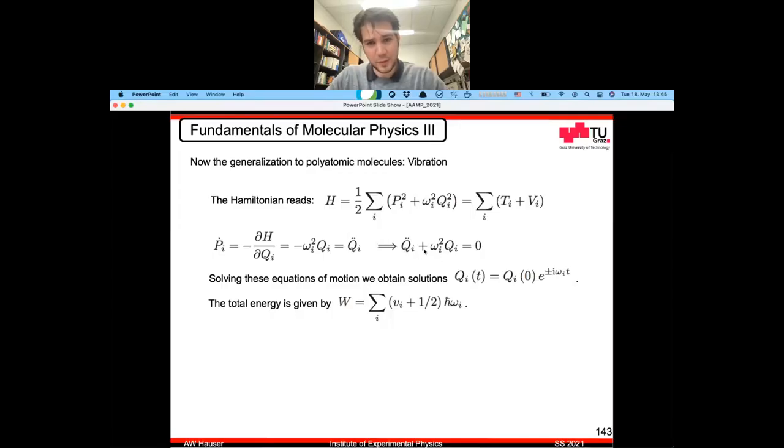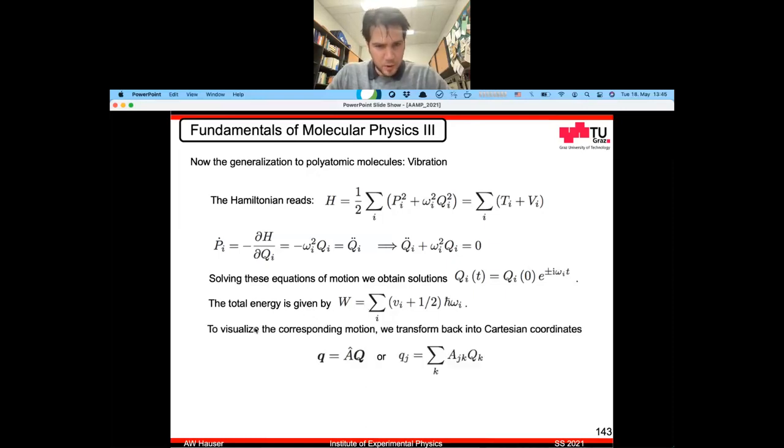So for our coordinate qi, for the ith vibration in the system. And the solutions are the harmonic functions in linear combinations. So we can write it as e to the plus minus i omega t, and the corresponding energy is simply the energy of the quantum harmonic oscillator.